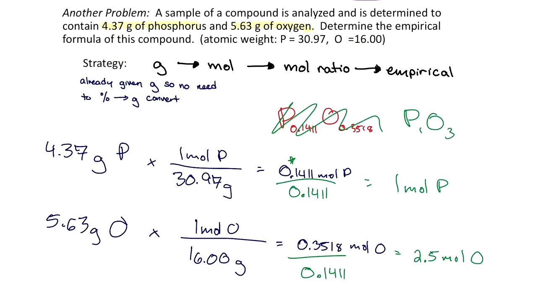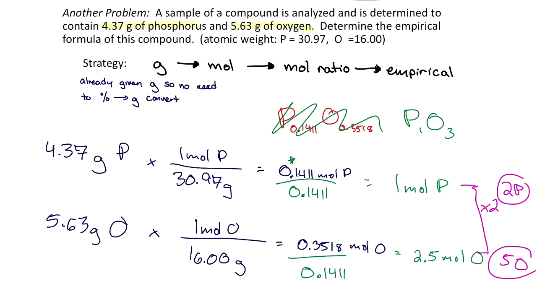No. So what we want to do instead is get rid of that 2.5, recognizing 0.5 is a fraction, like a half is 1 over 2. So what I'm going to do instead is multiply all of these by 2. Then for every 2 phosphoruses, I have 5 oxygens. And that's how I maintain that mole ratio.